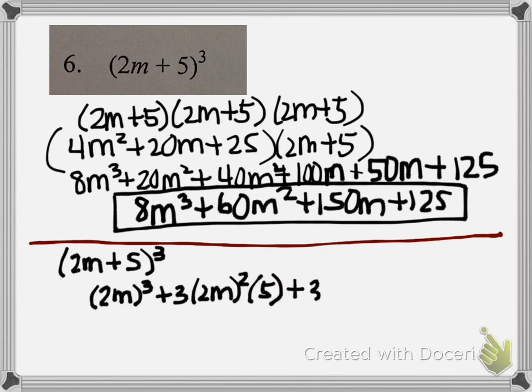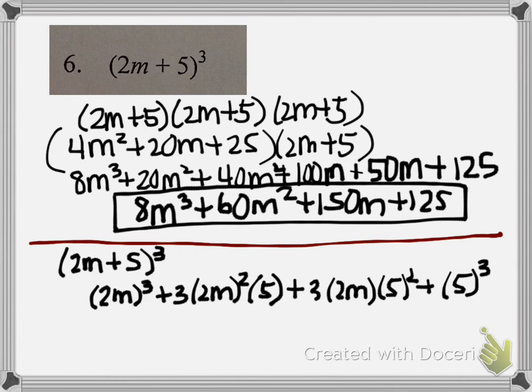Then we write 3 again, and then the next term we're going to write 2m again, but only to the first power. And then the second term we're going to take to the second power. And then for the last one, we're going to take that to the third power. Again, this is if you decide to memorize the formula that's on the worksheet. But you can do the same thing by writing it out 3 times as a binomial and then using the traditional distributive properties.